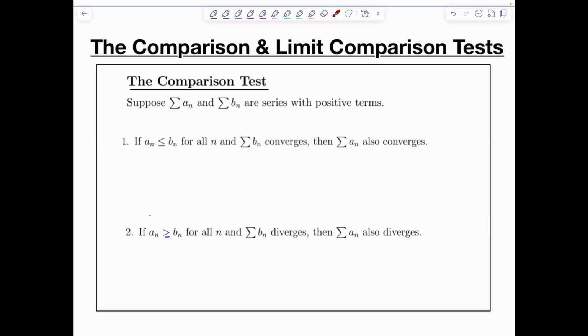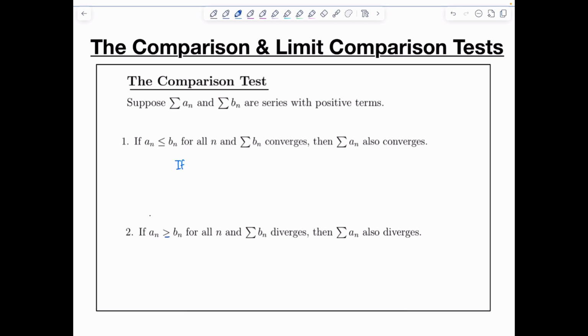The direction of the inequality is very important because the bigger series converging forces the smaller series to converge. That's why it's also important that we have positive terms. If we didn't require that, this could diverge if the terms could go down to negative infinity. But since we're forcing all the terms to not be negative, a larger series converging forces a smaller one to converge as well.